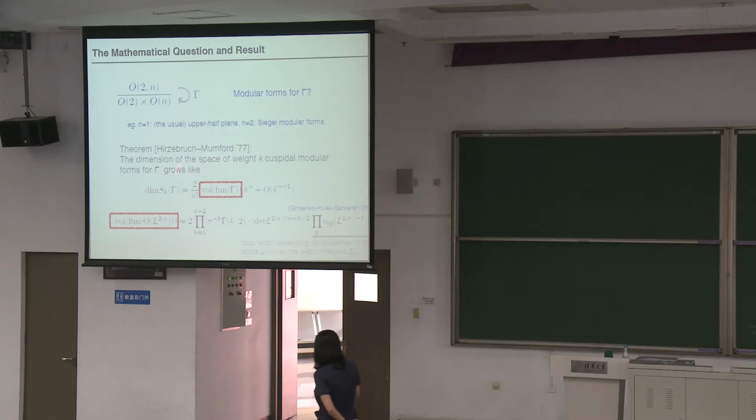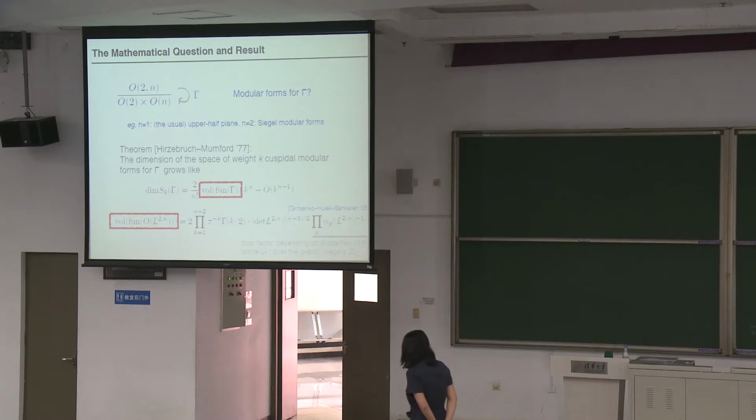And to use this formula, sometimes we do need to know the prefactor, which is given by the volume of the fundamental domain of this group. And if this group gamma is the isometry group of lattices, then using the lattice data, this formula has been derived to express its volume.